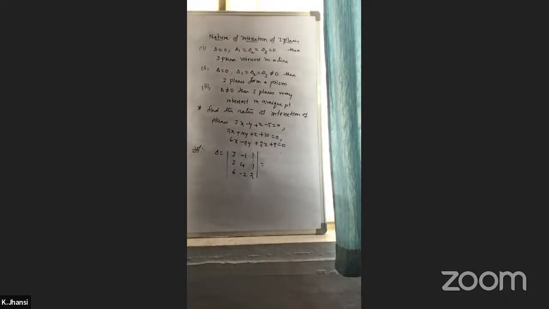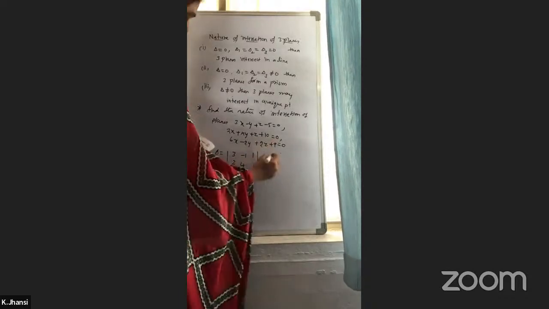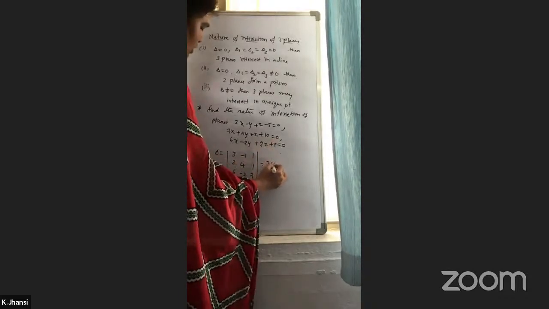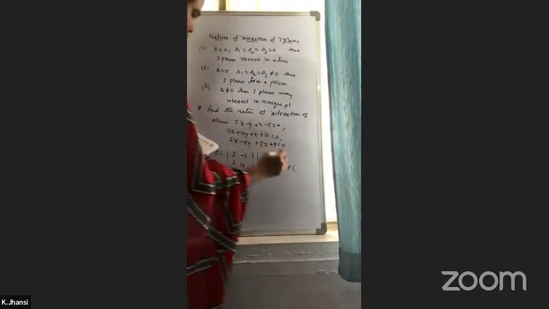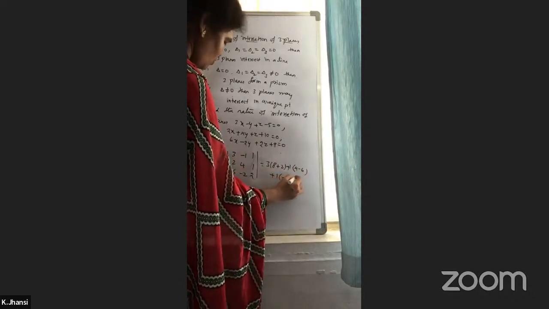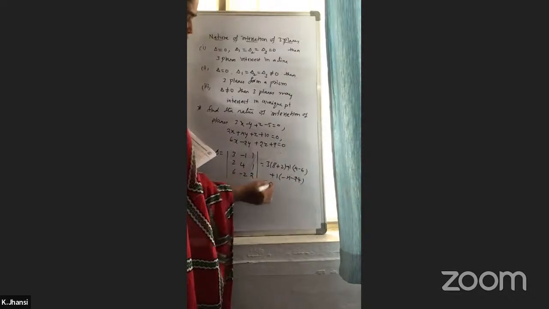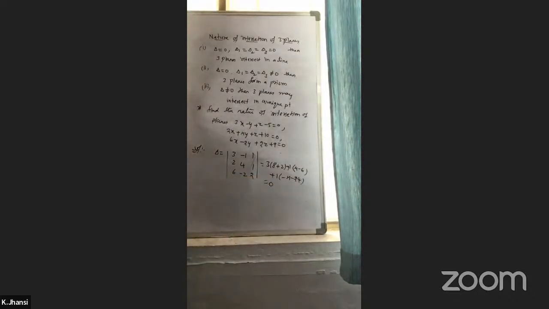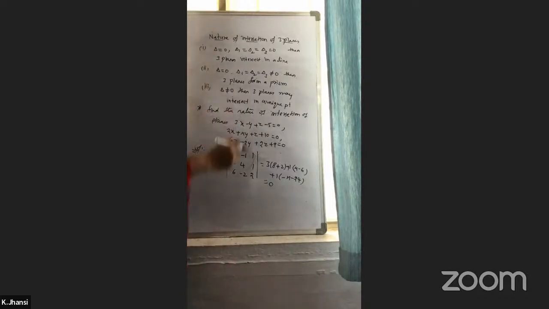Expanding, that is 3 into 8 plus 2, minus of minus means plus 1 into 4 minus 6, plus 1 into minus 4 minus 24. When you simplify, this will be equal to 0. So when lambda equals 0, this may be the first or second condition.